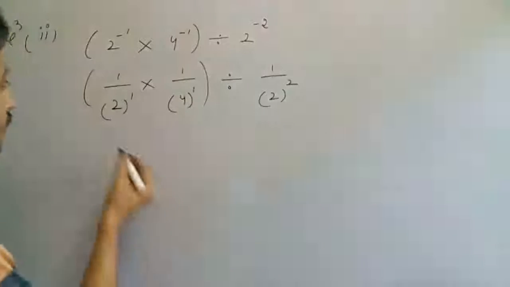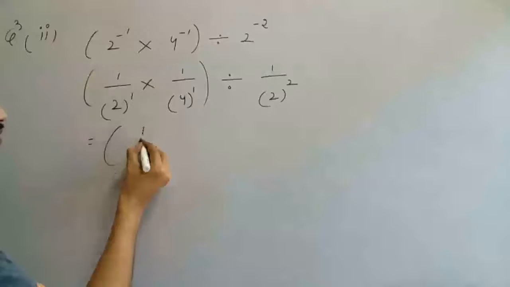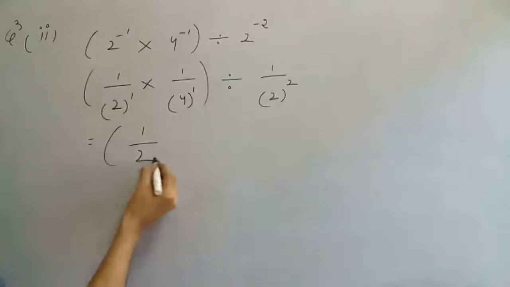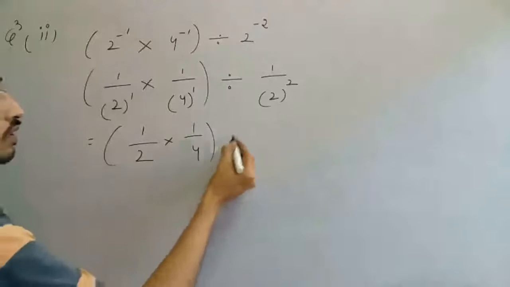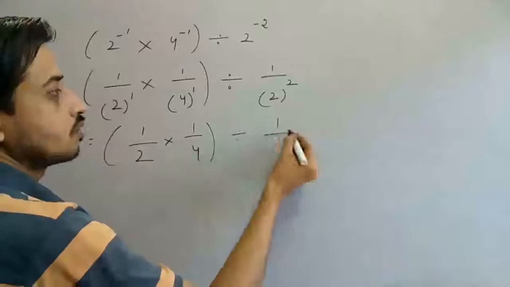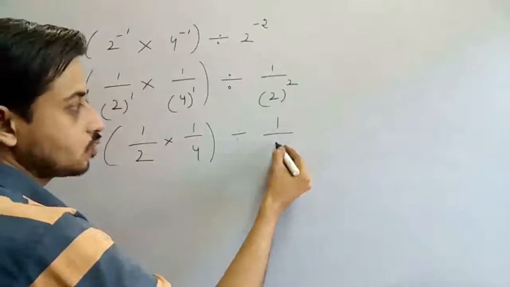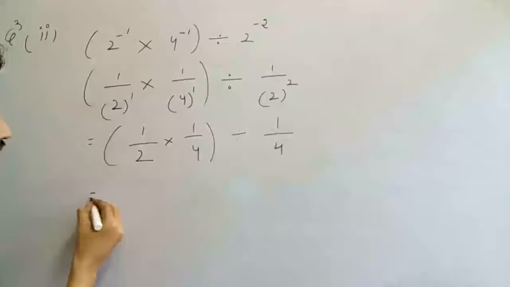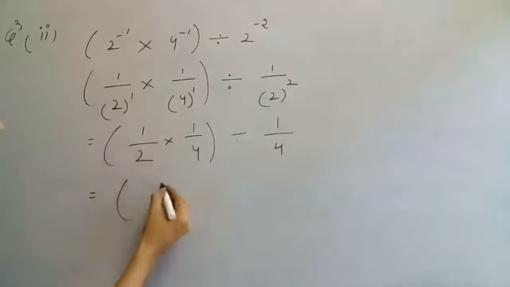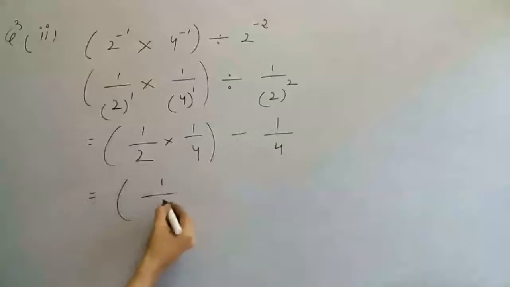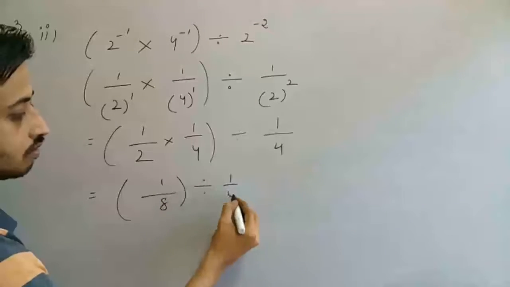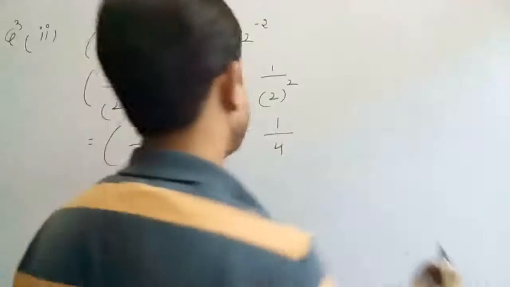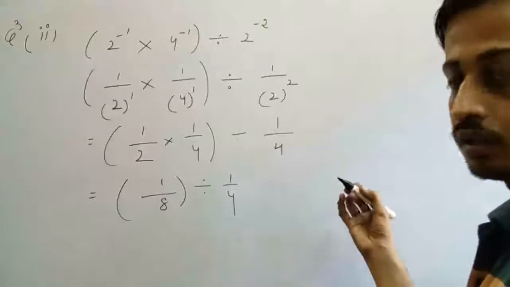It's very simple. Now to solve, 1 upon 2 raised to the power 1 means 2. Multiply 1 upon 4 raised to the power 1. Divide 2 raised to the power 2 means 2 into 2, 4. Now to multiply 1 into 1, 1 and 2 into 4, 8. Divide 1 by 4. And you know what we have to do?